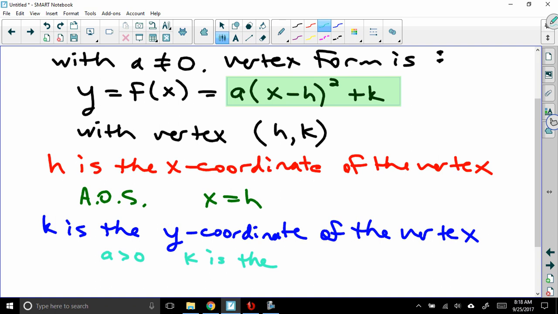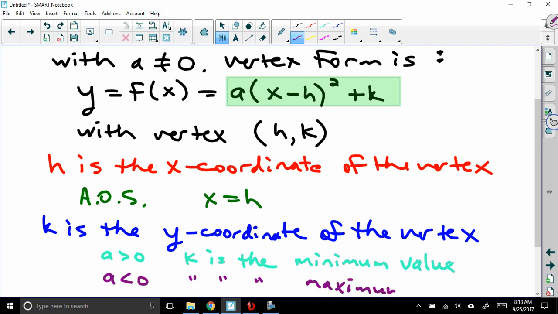The small one. K is the tiny mother, the minimum value. The maximum or minimum occurs at the vertex, but to be clear, the y-coordinate of the vertex is the minimum value. Conversely, if a is negative, if the graph opens down, then k is the maximum value.